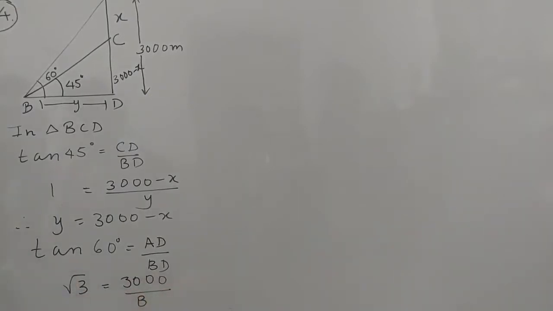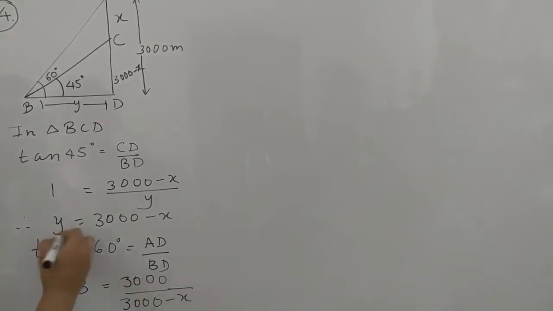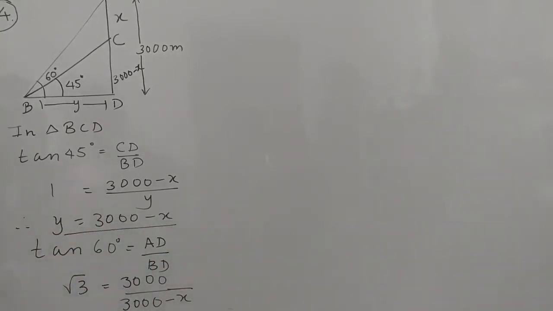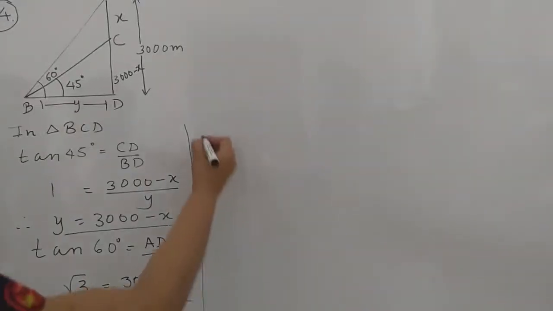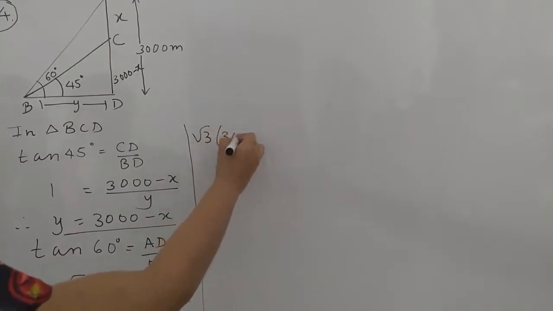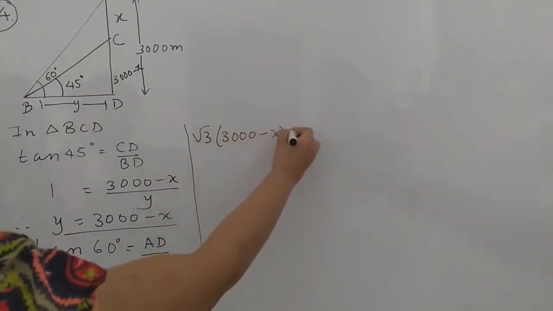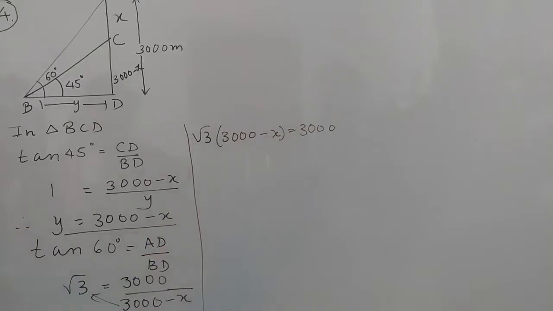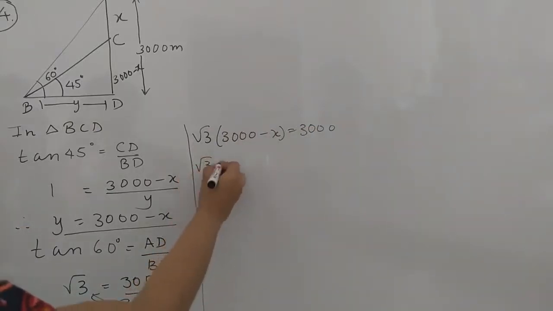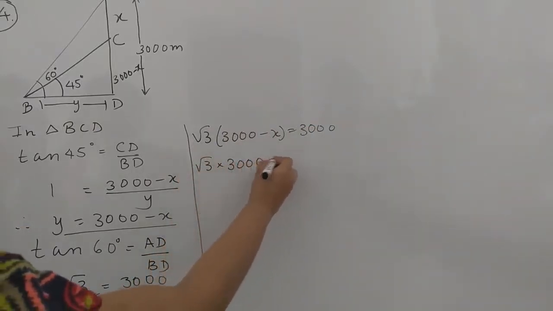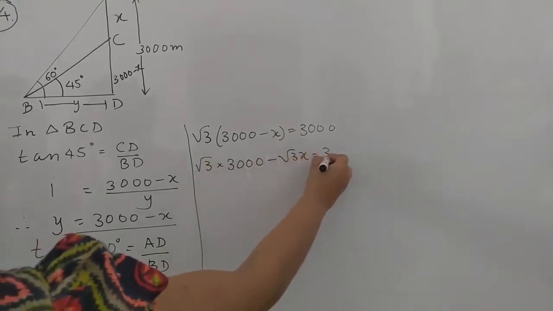BD is y, and y is 3000 minus x, so I will substitute 3000 minus x instead of BD. Now taking crossway multiplication, we get root 3 into 3000 minus x is equal to 3000. So root 3 into 3000 minus root 3 x is equal to 3000.